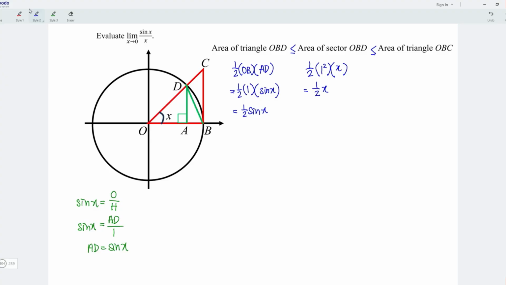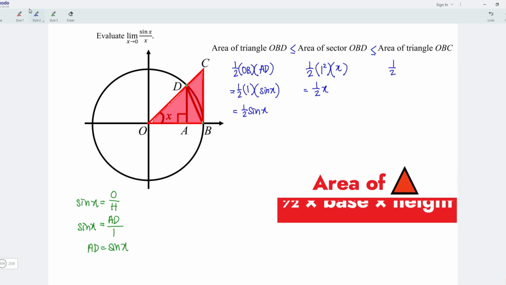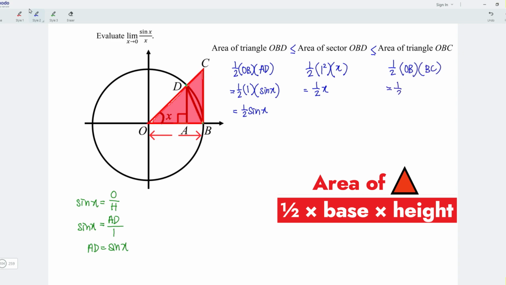Lastly, let's determine the area of the triangle OBC. So we should have 1/2 multiplied by the base, that is OB, multiplied by the height, that is BC. Again, the radius is equal to 1. And for the unknown BC, let's determine it by using a trigonometric ratio.